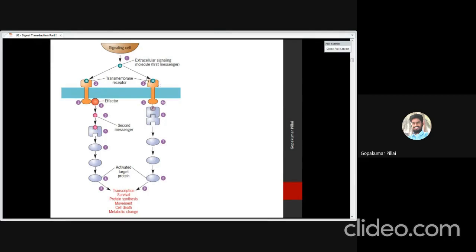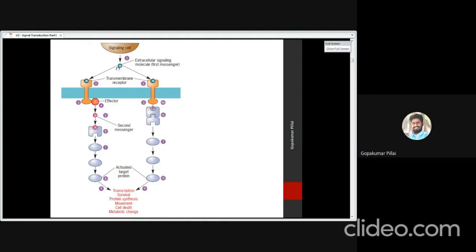This region is called the extracellular domain of the receptor, where your extracellular messenger can bind. And the lower region, which is inside the cytoplasm, is called the cytoplasmic domain. So the entire receptor is embedded in the cell membrane. The upper region of the receptor, facing the extracellular space, is called the extracellular domain, and the region facing the cytoplasm is called the cytoplasmic domain.